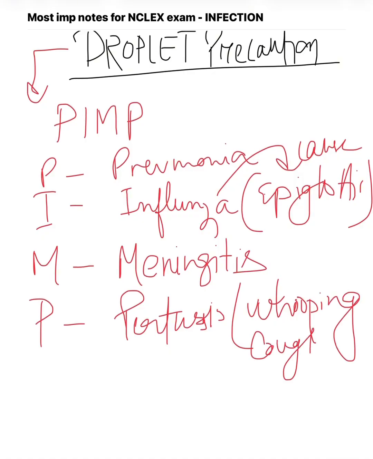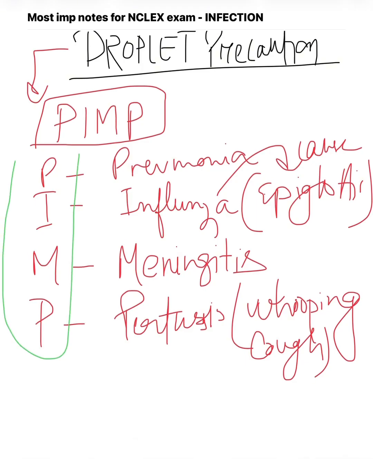So the mnemonic is PIMP: P for pneumonia, I for influenza, M for meningitis, and P for pertussis. This is the easy way to remember.